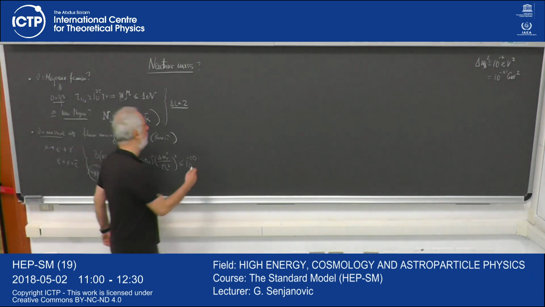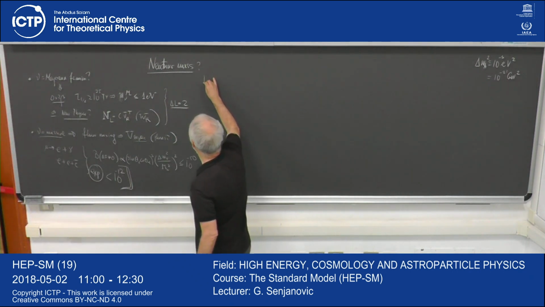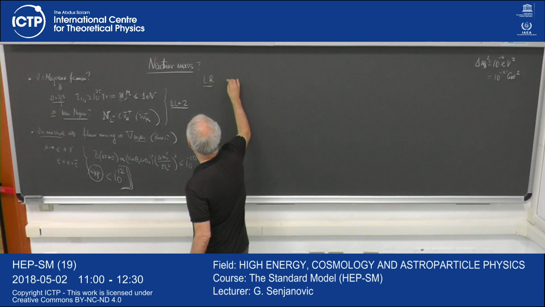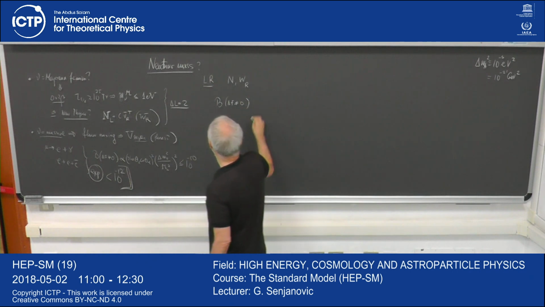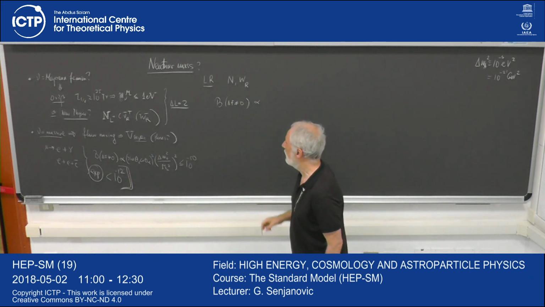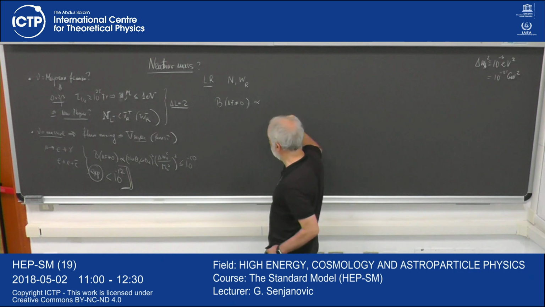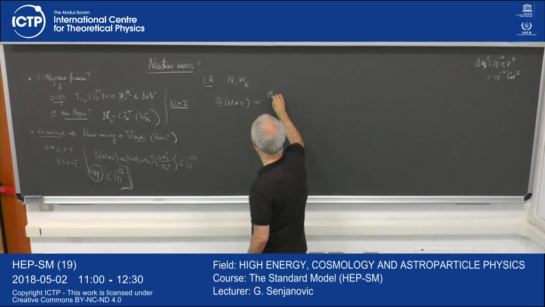For example, in the example of this left-right symmetric theory, there will be a right-handed neutrino with W_R. Therefore, now the branching ratio in this theory for lepton flavor non-zero, there will be a mixing angle. Well, before the mixing angle, there will be obviously something that I could call M_WL over M_WR to the fourth.